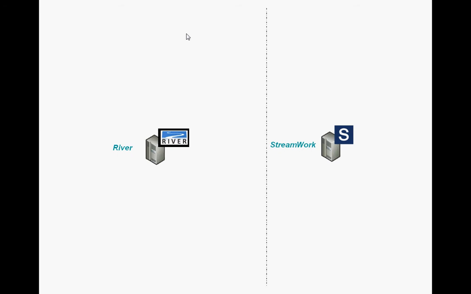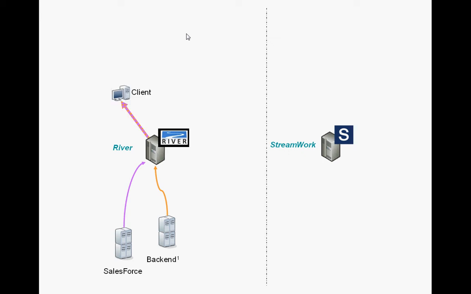It's a new development platform for lightweight applications, and you can use data from backends. For example, Salesforce, you can push this into River, manipulate it, and then you push this information out to a client's desktop client, for example, web client.